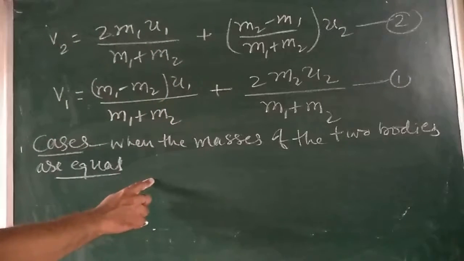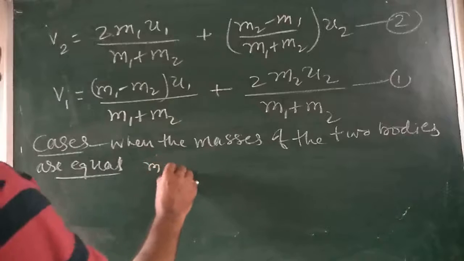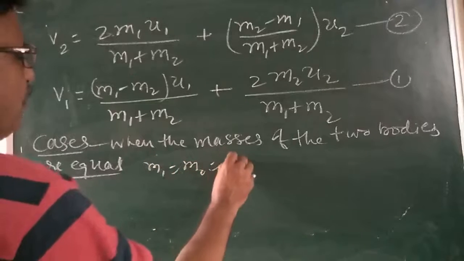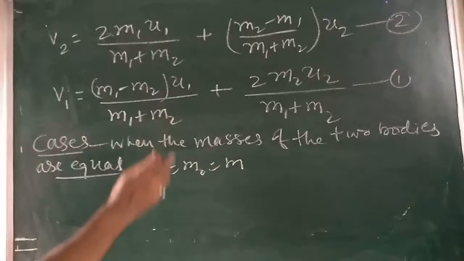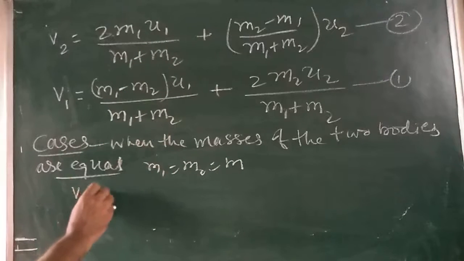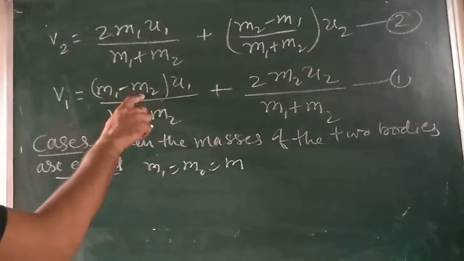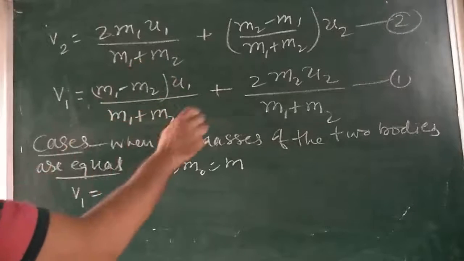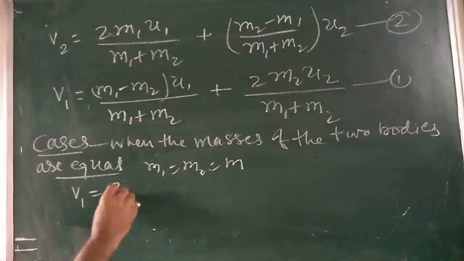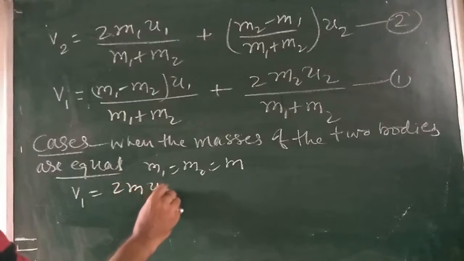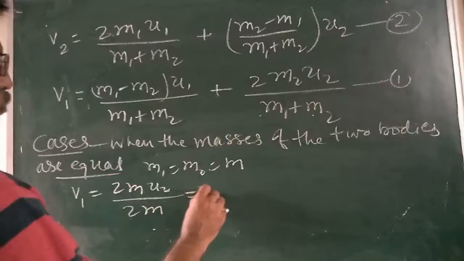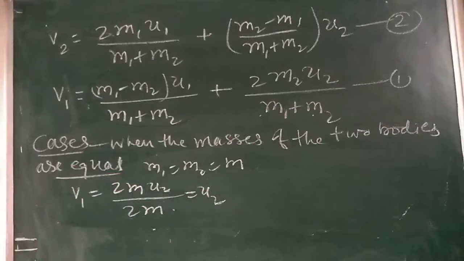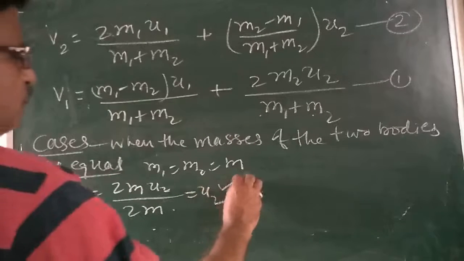So I can write here m1 is equal to m2 is equal to m. Put these values in equation number 1 and 2. What we are getting? m1 minus m2 is cancelled. Twice of m, u2 divided by m plus m, twice of m, that is equal to u2. So v1 comes out to be u2.